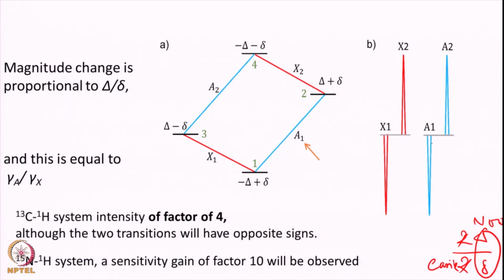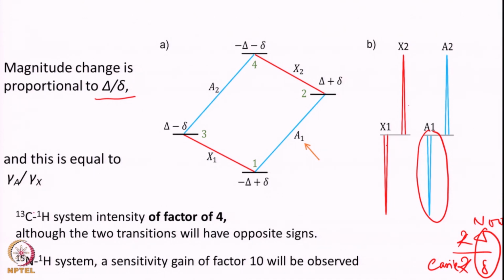Here you can see that if we perturb A spin, we get enhancement in X spin, X1 and X2, and that enhancement is of the order of big delta divided by small delta. That is equivalent to the ratio of the gyromagnetic ratios of these two nuclei, gamma A divided by gamma X, which is 4.